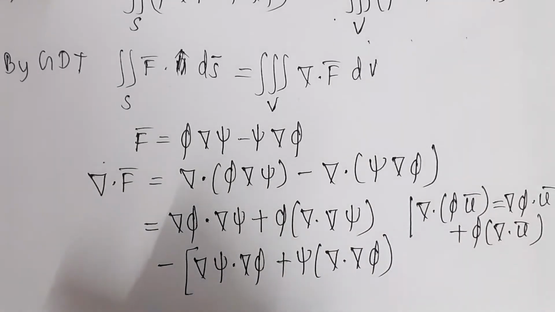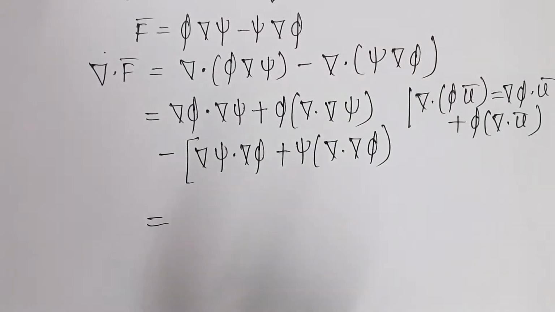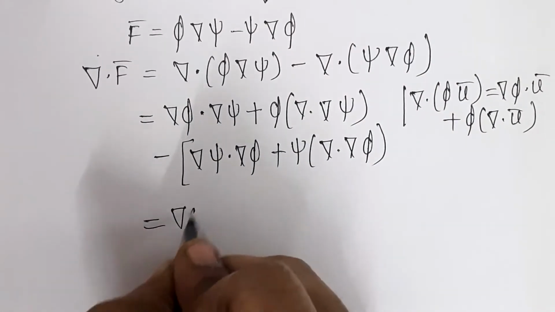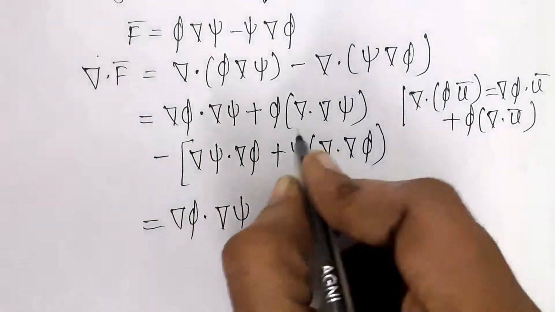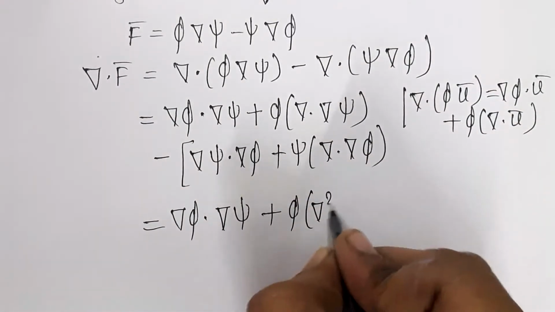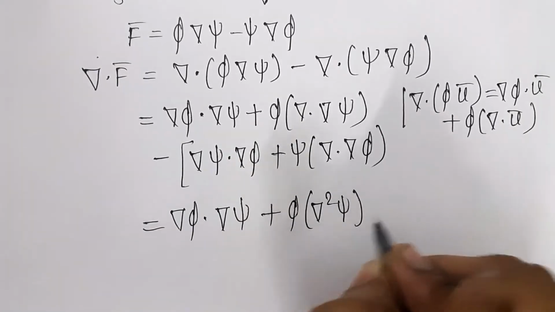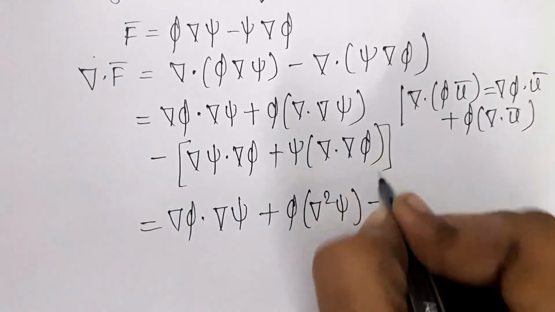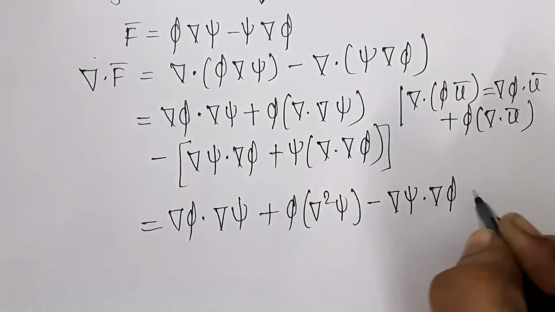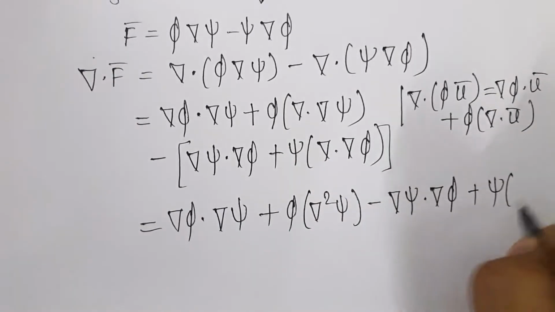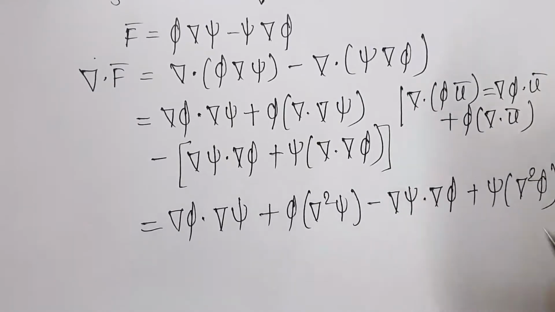So it is equal to del phi dot del psi plus phi into del square psi, minus del psi dot del phi plus psi into del square phi.